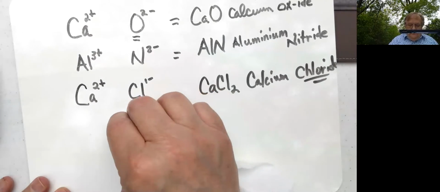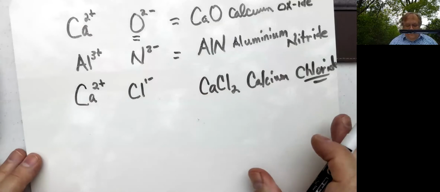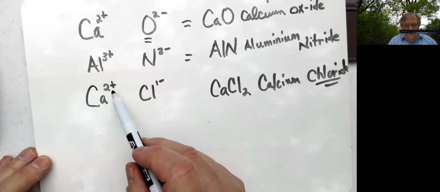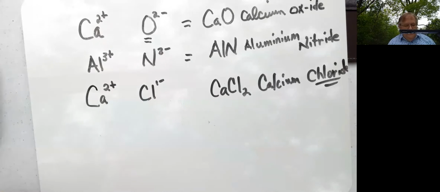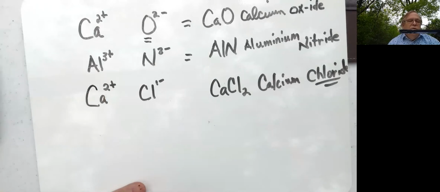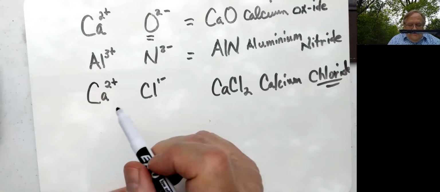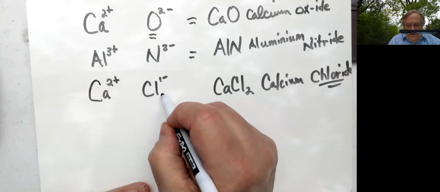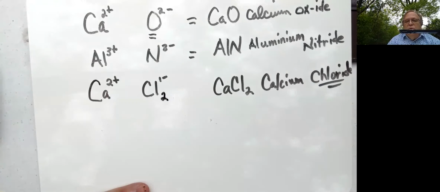Another way to do it, and this may seem easier, is to say, here is a 2 and a 1. What is the lowest common multiple of both of those? The answer, of course, is 2. So you do what you have to do to get this one equal to 2, and the same for this one. Fortunately, this one's already equal to 2, and for this one, we're going to have 2 of them to equal 2.